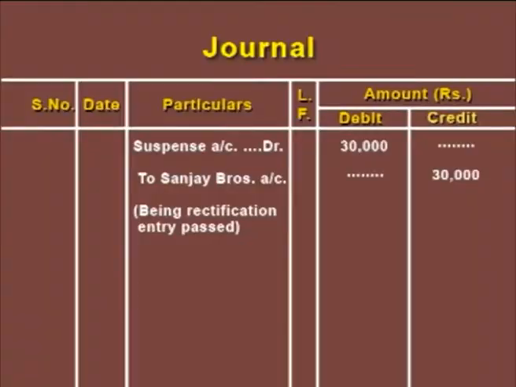The reason for this is that as 15,000 has been wrongly debited in Sanjay Brothers account, so rupees 15,000 credit is required to nullify the wrong debit effect, and rupees 15,000 credit is required to give the required credit effect of the transaction in Sanjay Brothers account. So, the rectification journal entry will be suspense account debit rupees 30,000 to Sanjay Brothers account rupees 30,000.